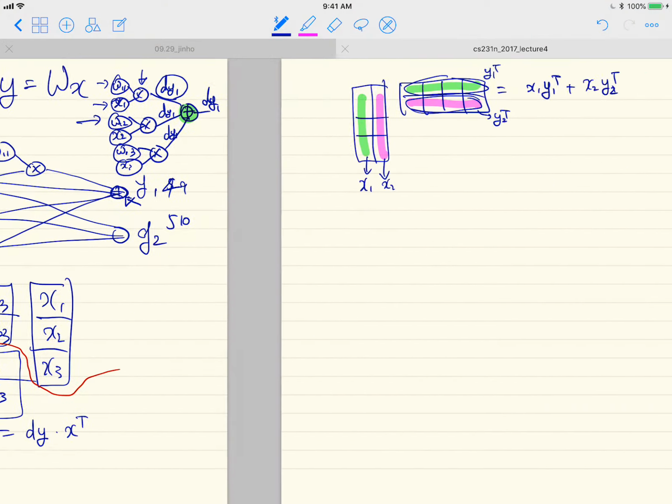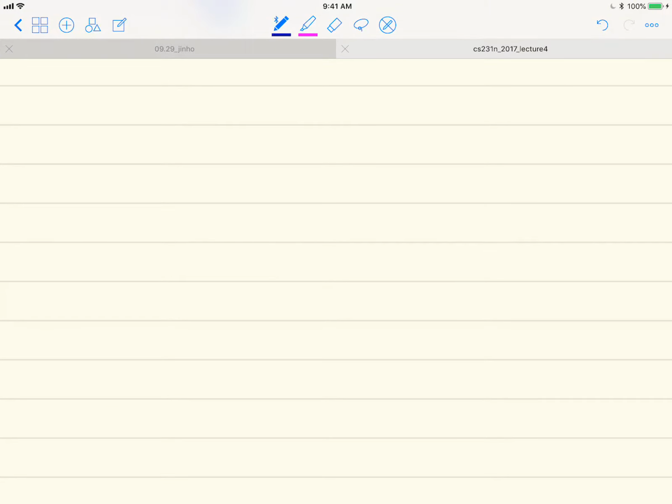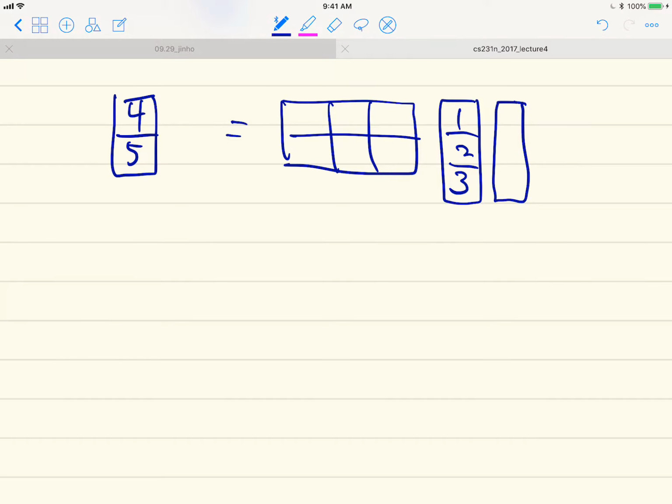Okay, and then our vectorized form will have this form: 1, 2, 3, and 4, 5 as an output vector, right? And then for the next input vector, we concatenate it column-wise over here, 6, 7, 8. And then what is the corresponding output? The output will be placed over here, 9 and 10, right?